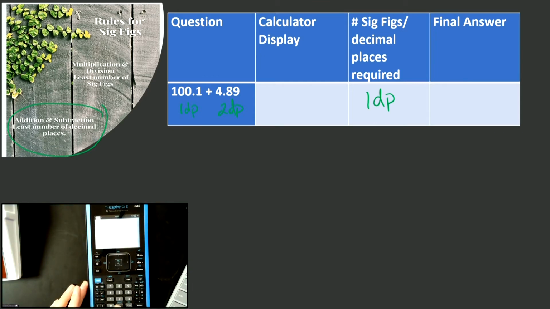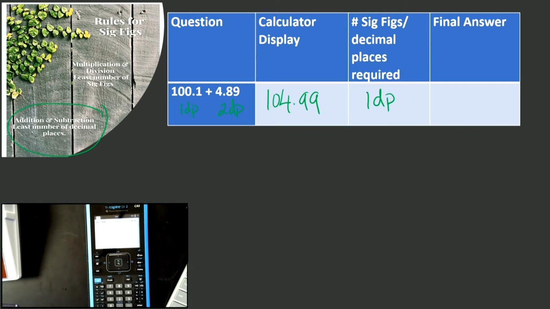So we're going to put in 100.1 and add 4.89. And we can see the display is 104.99. It's a good idea that you're able to separate the display on the calculator from your final answer. The calculator is not calibrated for significant figure rules.